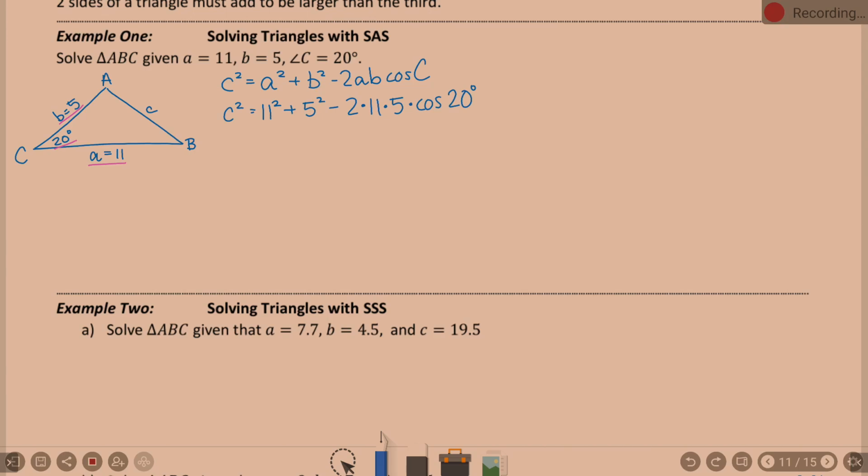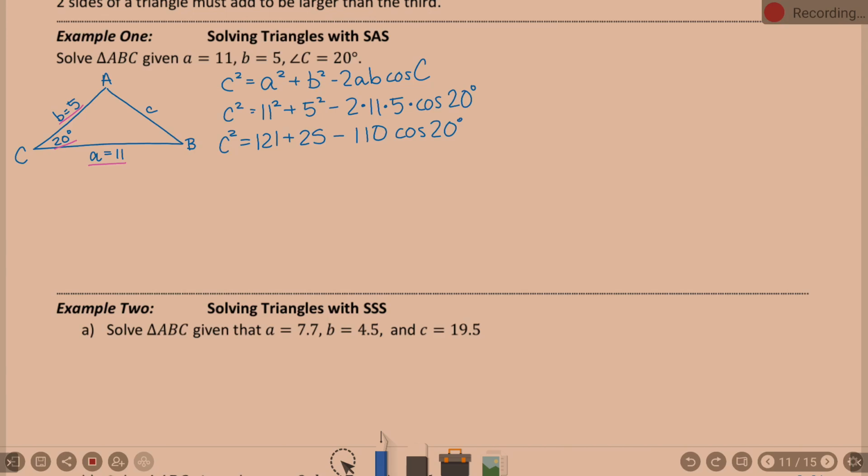Okay, let's do some math. 11 squared is 121. 5 squared, 25. Minus, what's 2 times 11 times 5? Okay, so minus 110 cosine of 20 degrees.